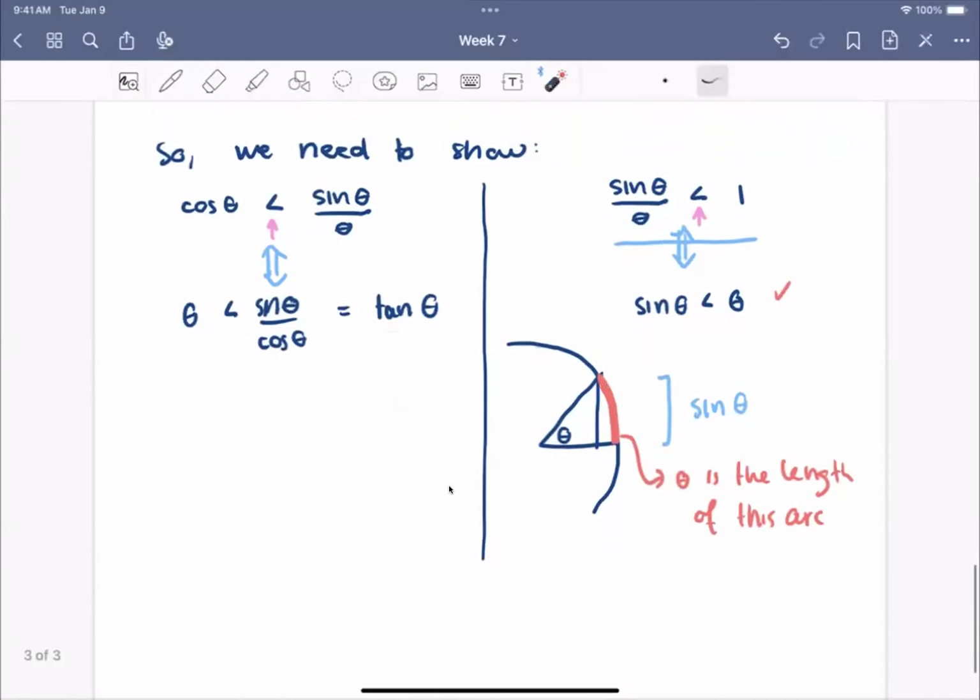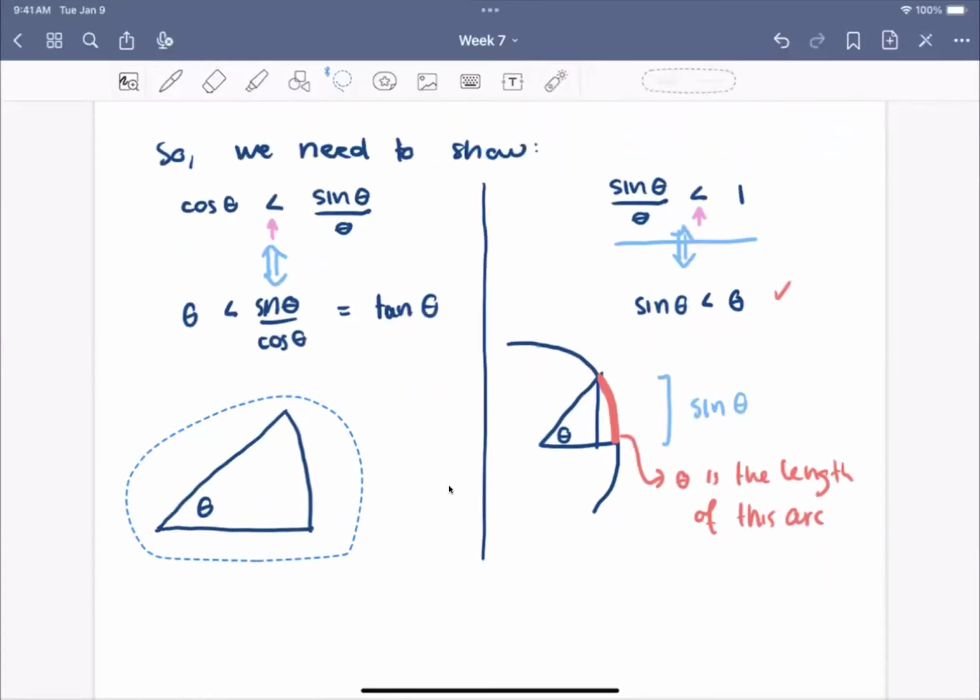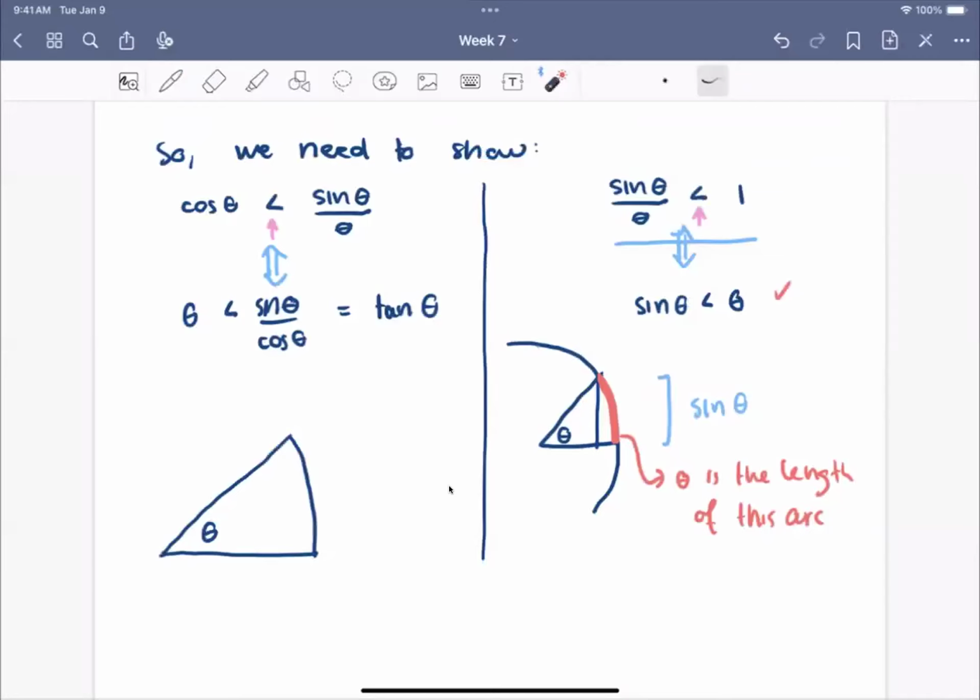Okay, so here's the picture for this. So I'm again going to draw some angle theta and this arc here. Okay, so what is tan theta? Tan theta is equal to the slope of this line.